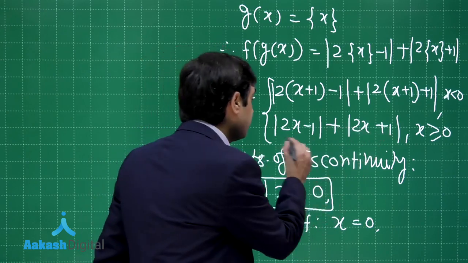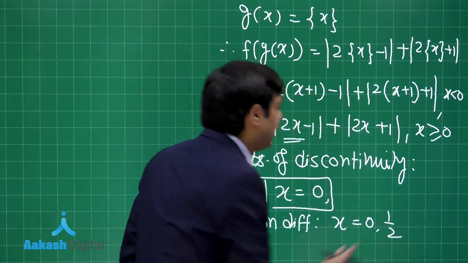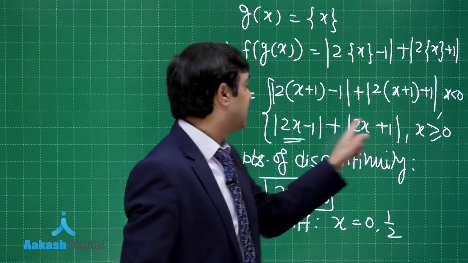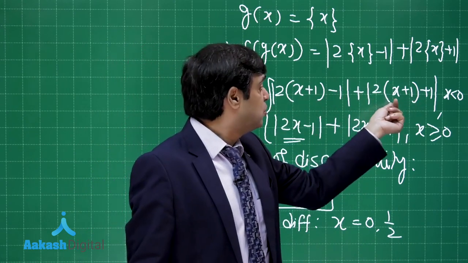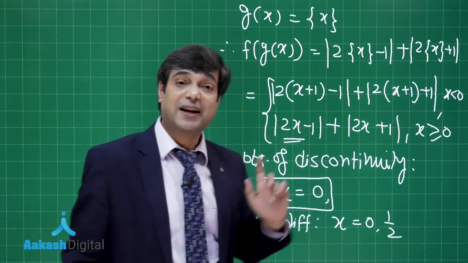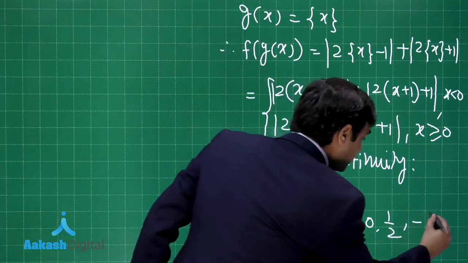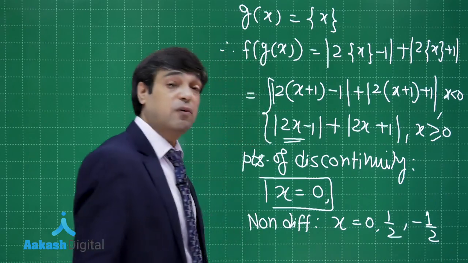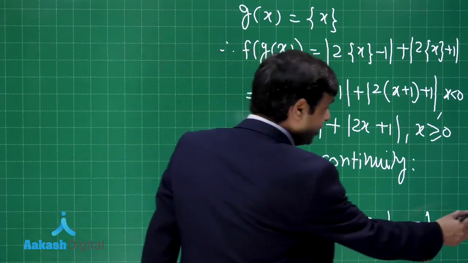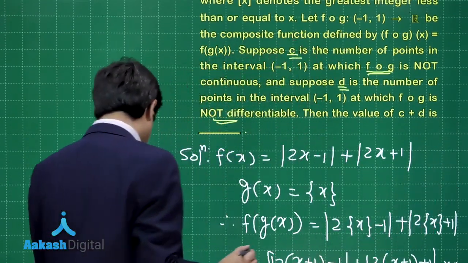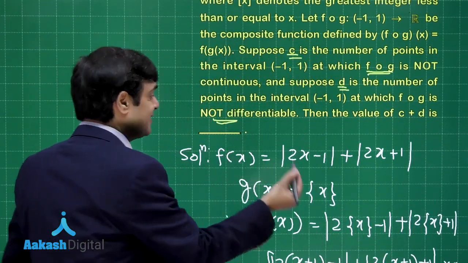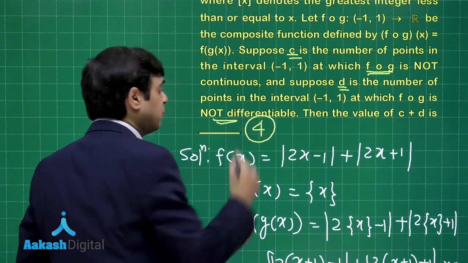So yes, it will give you x equals half. Next, from this interval you can see that this gives you minus half. From here you have 2x plus 3, that is minus 3 by 2, which is not there in this interval. So yes, minus 1 by 2 is also a point of non-differentiability. So 3 points of non-differentiability and 1 point of discontinuity. So the total number of points, that is C plus D, we obtain is 4.